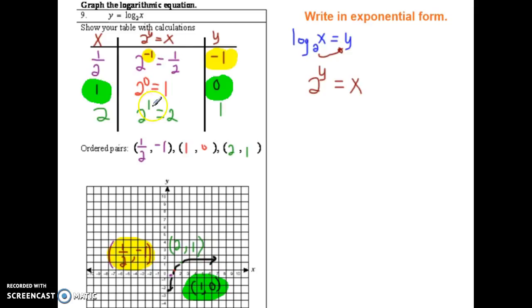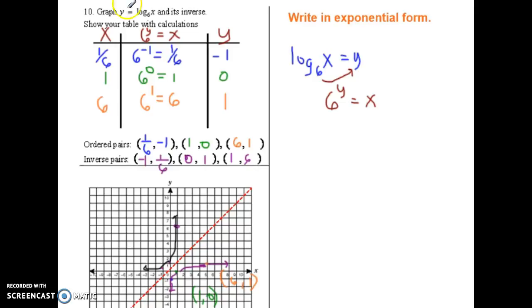And then I'm going to pick 1 for my y value. 2 to the first power is 2, so I end up with 2, 1. And look, this is the shape of a log, because remember, logs are inverses of exponential functions. And it won't cross the y-axis unless there's some transformation.